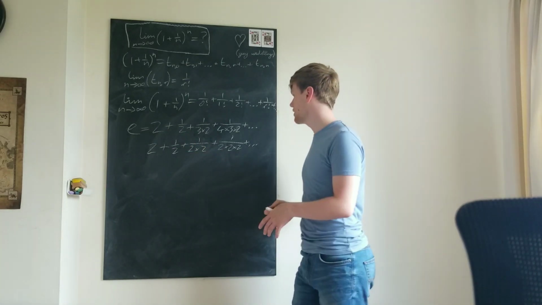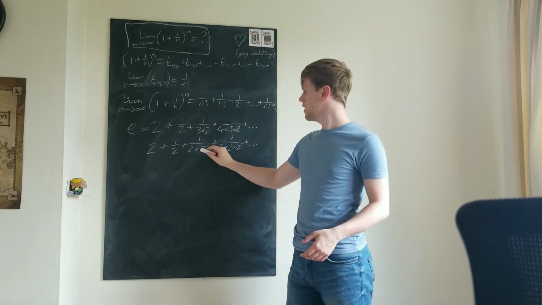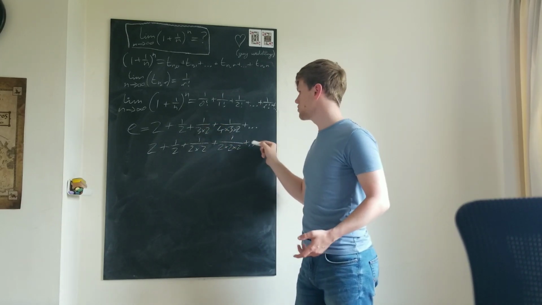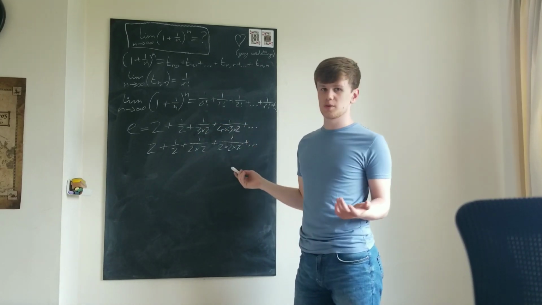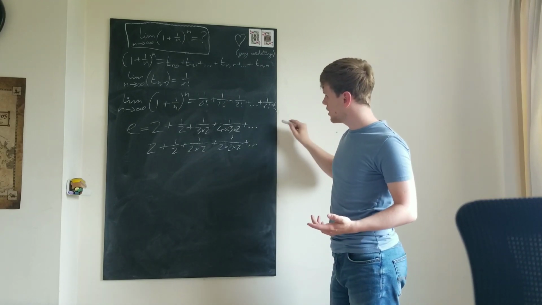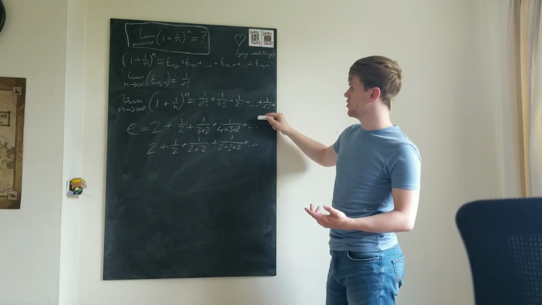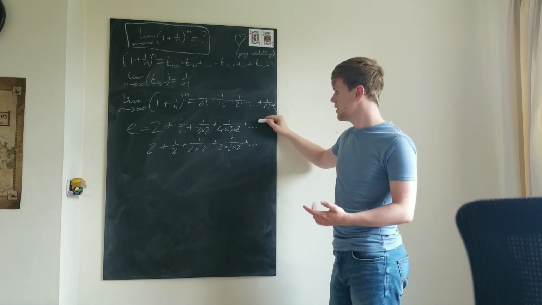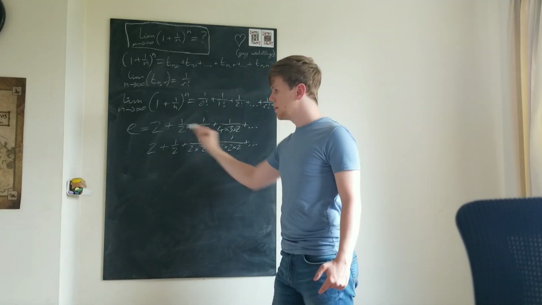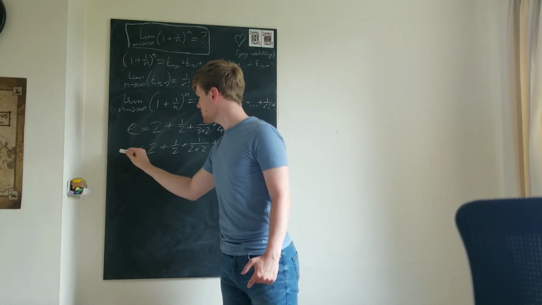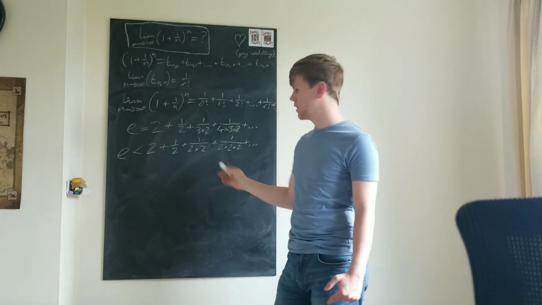That much is clear, right? 1 over 2 times 2 is greater than 1 over 3 times 2. And 1 over 2 times 2 times 2 is greater than 1 over 4 times 3 times 2. And each term in this infinite sum would be greater than the respective term in this infinite sum. And so this whole body here is greater than this sum, and so e is less than whatever this is.